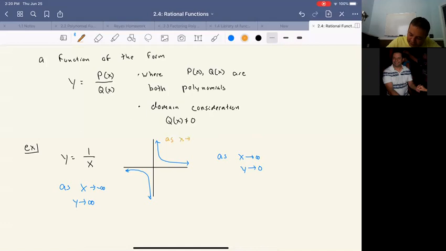As x goes to 0 from the right, y goes to infinity. Okay? And similarly, what's happening down there? As x goes to 0 from the left, y goes to negative infinity. So we put a little minus sign here to determine that it's from the left.